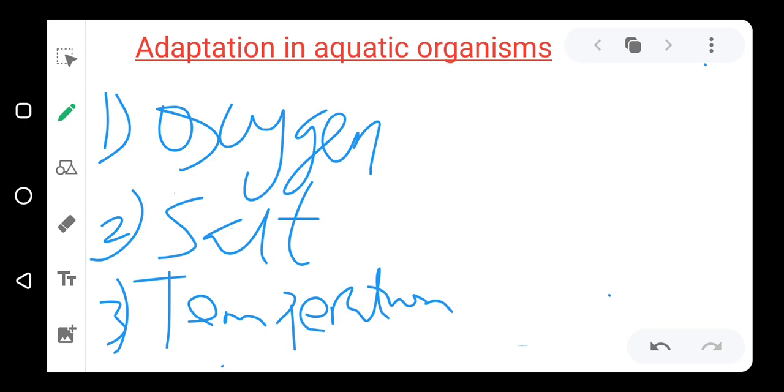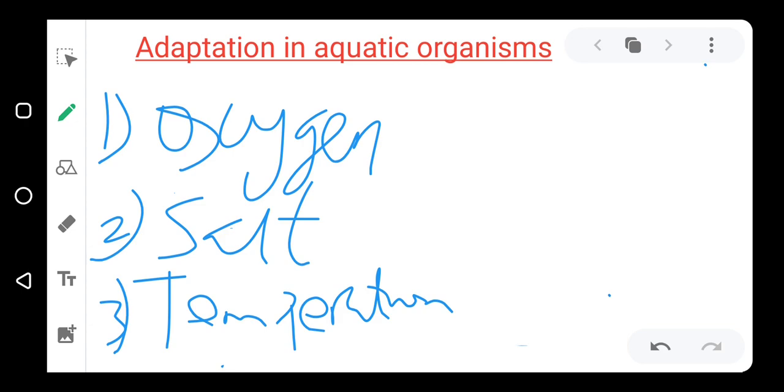How do they obtain enough heat inside the water? And then how do they work around the issue of too much salt in the water bodies?